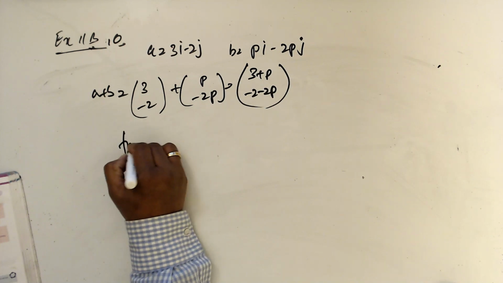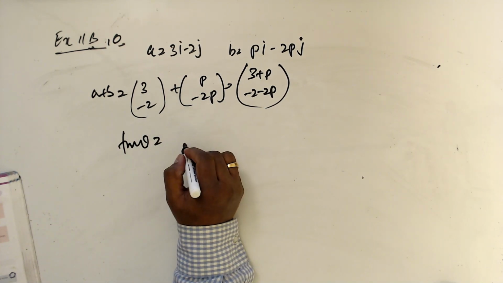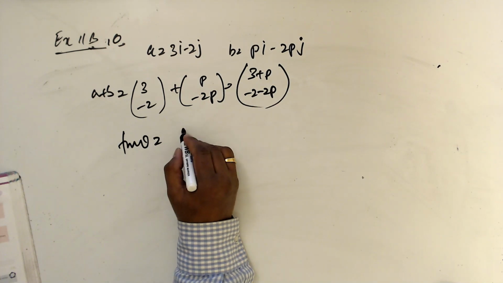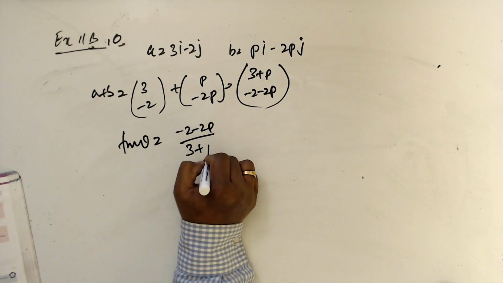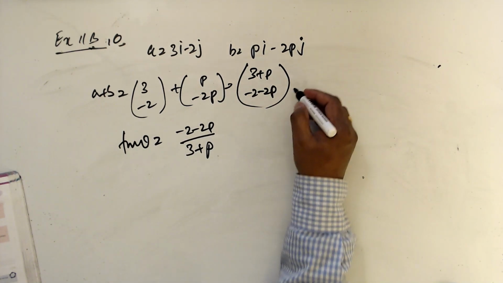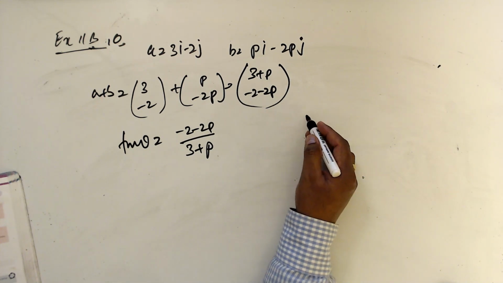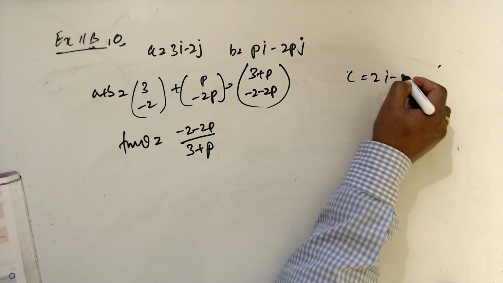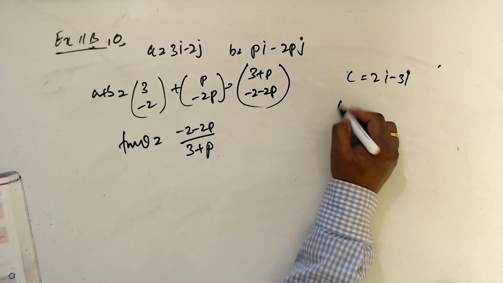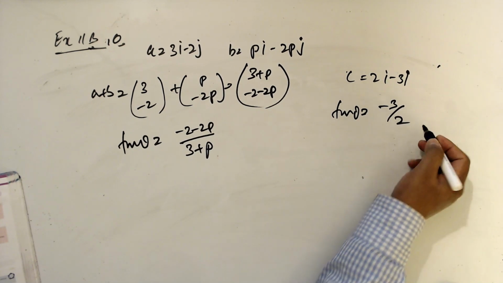So tan theta equals minus 2 minus 2p divided by 3 plus p, and this is parallel to 2i minus 3j. 2i minus 3j means tan theta equals minus 3 divided by 2.